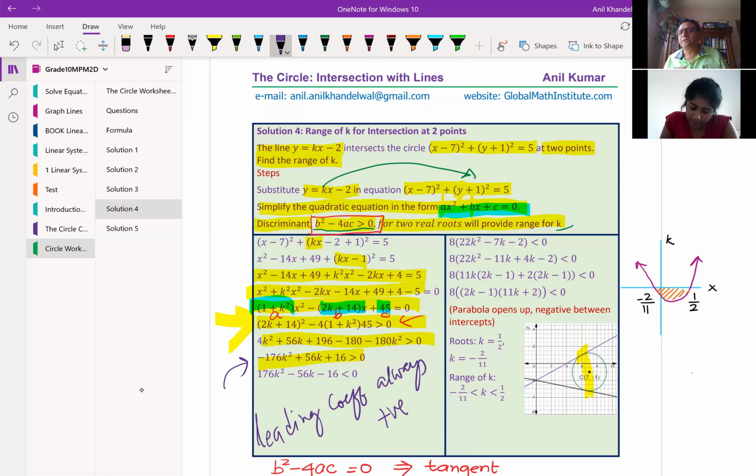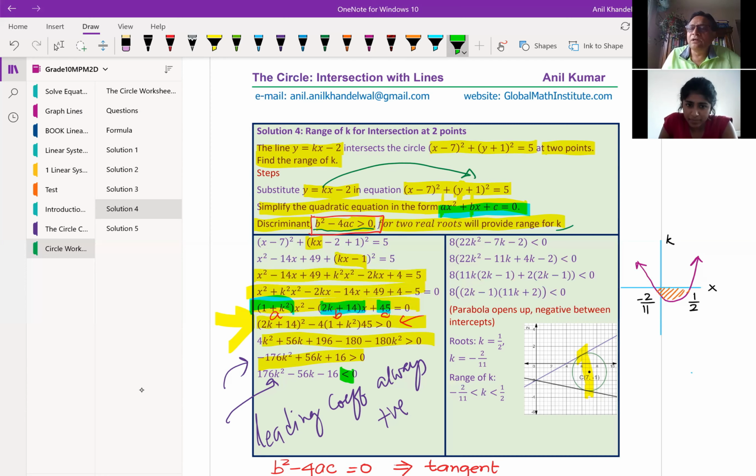I've seen many times in calculations, if you keep the leading coefficient negative, you tend to make a mistake somewhere down the line, okay? So I added one more step. This I don't mind, but I want to keep the leading coefficient positive. And when I multiply, do you notice the sign of inequality switched? Another mistake which students could make is keeping the same sign. When you multiply by a negative sign, the inequality sign changes.